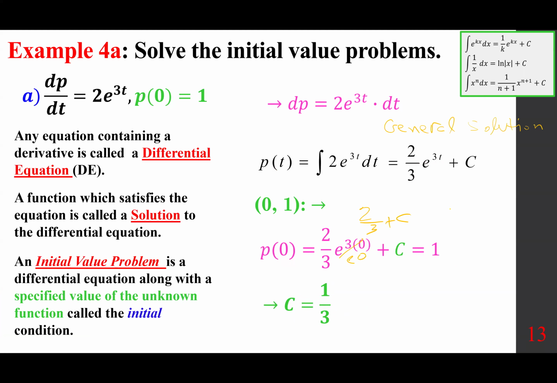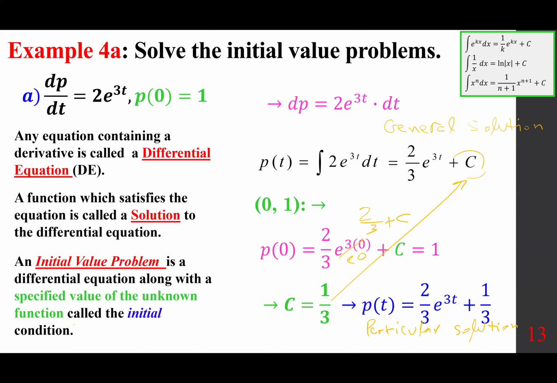You replace this one with the constant, and now you get one solution or particular solution.